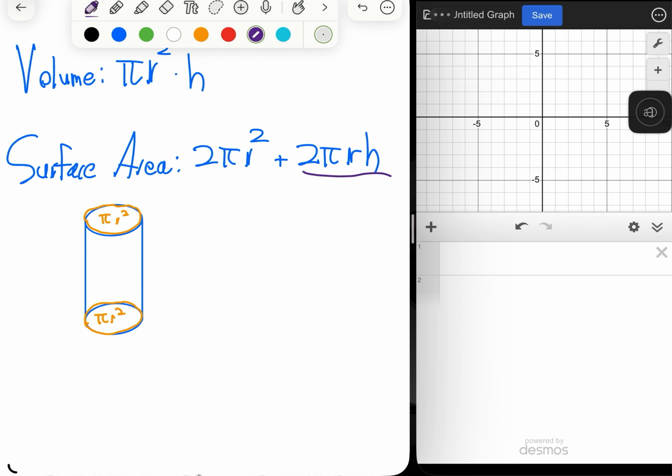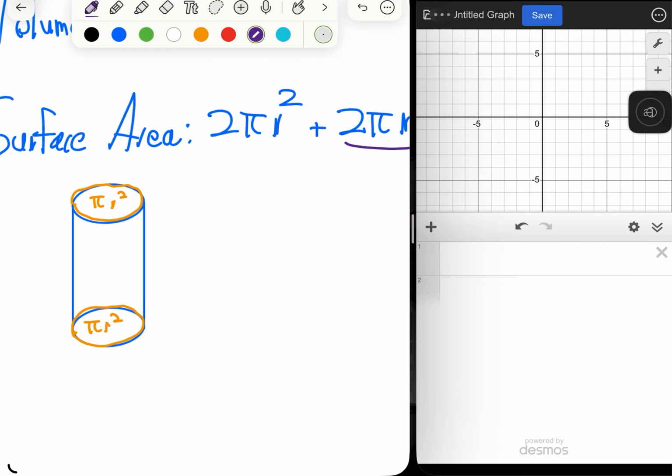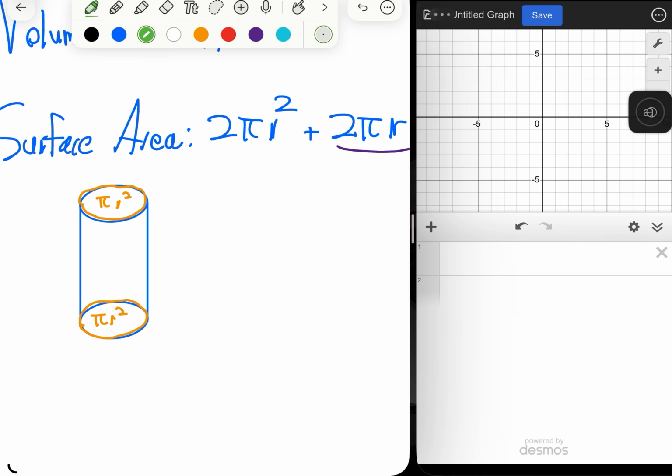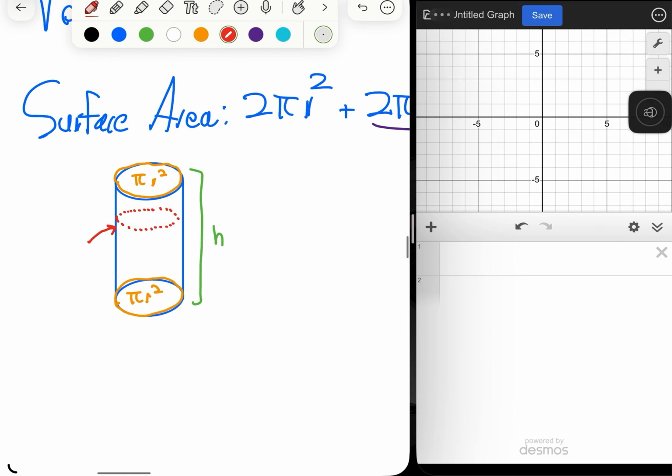Where does the 2 pi r h come from? Well, if you think about it, first of all, this is the height of the cylinder. We know that the circumference of a circle, so I'm going to use this one for example, if you make a cross section, the circumference of any circle is 2 pi r.